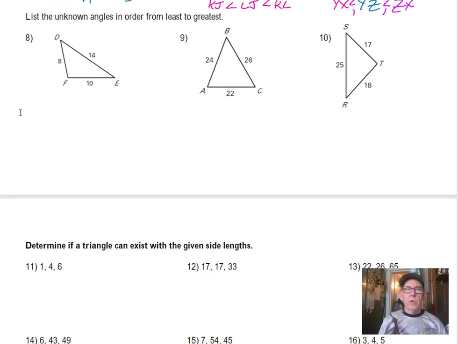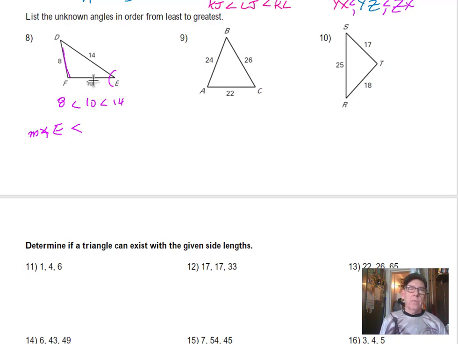Let's see unknown angles in order from least to greatest. So this is the converse idea. We're going to use the side lengths, and then the angles opposite those side lengths are going to be in the same order, size-wise. So we start with an 8, then we have a 10, and then we have a 14. So we put the inequalities in. So now the angle that's opposite the 8 is angle E. So E is the smallest angle. So we say the measure of angle E is less than, now we're talking about the 10.